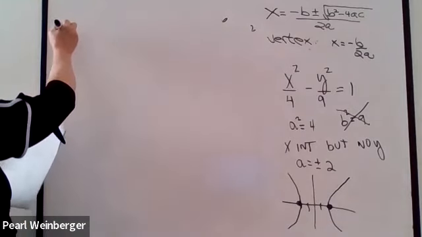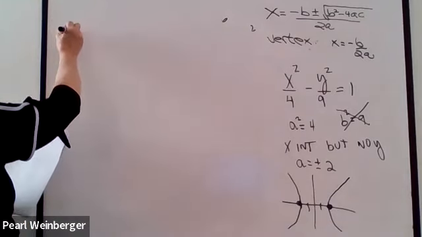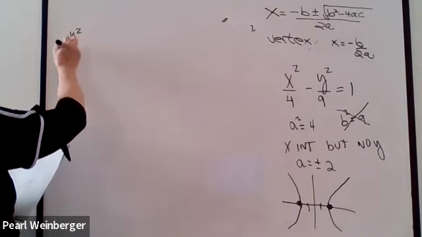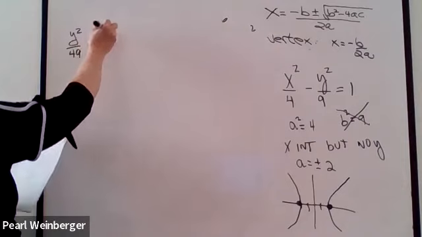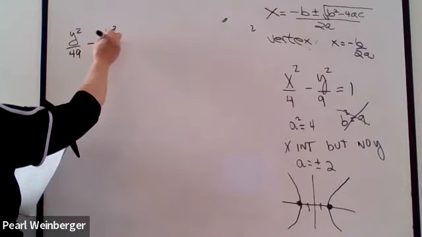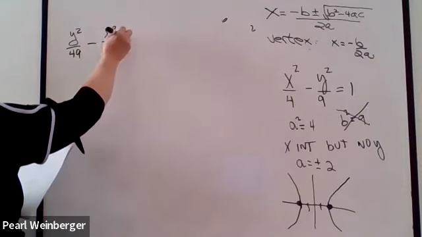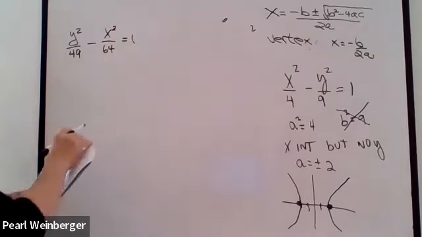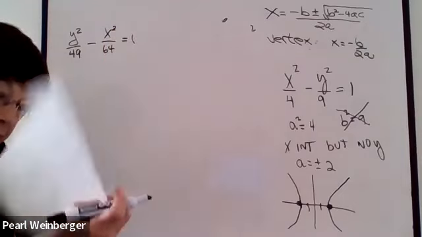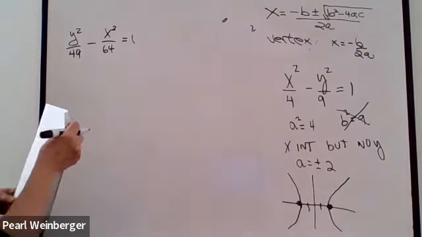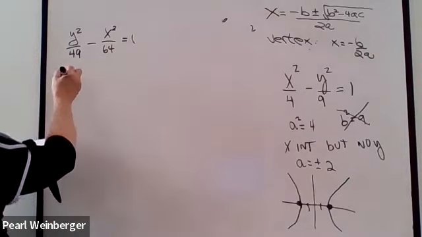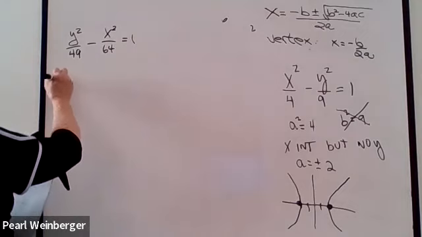Suppose I gave you this equation. y squared over 49 minus x squared over 64 equals 1. That's the equation we're being given. And we're asked to graph it, and they give us 4 basic graphs.